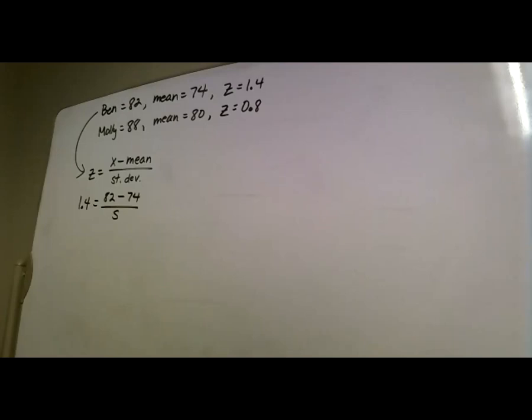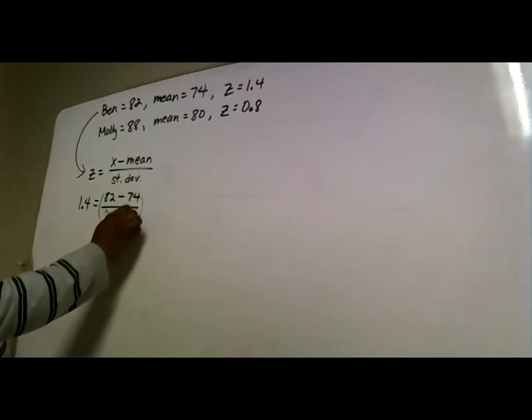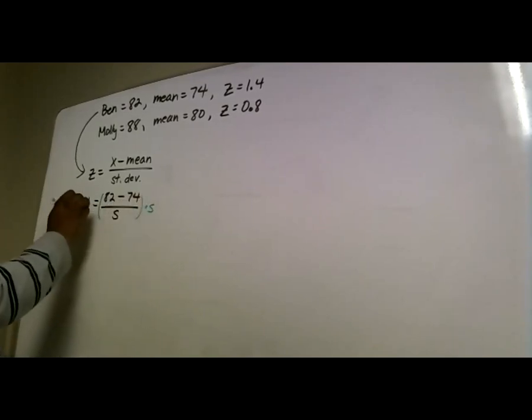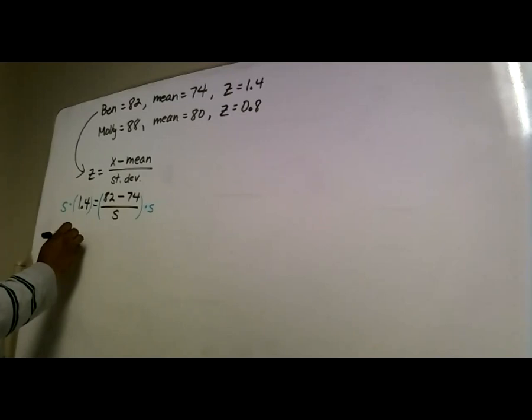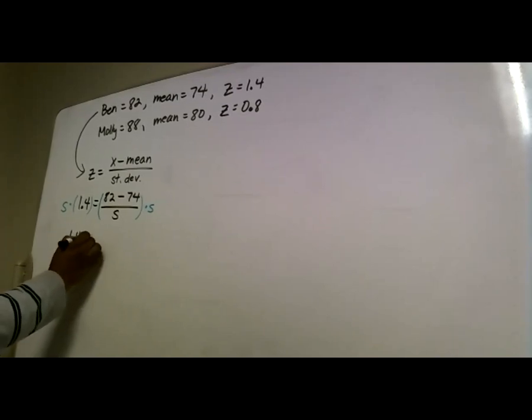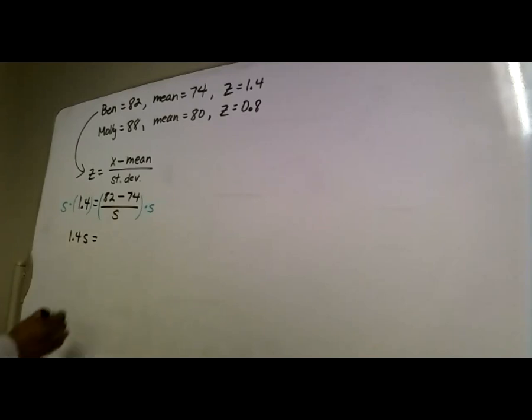Now I need to get rid of the S in the denominator, and we do that by multiplying both sides by S. So I get 1.4 times S is equal to 82 minus 74, which is 8.